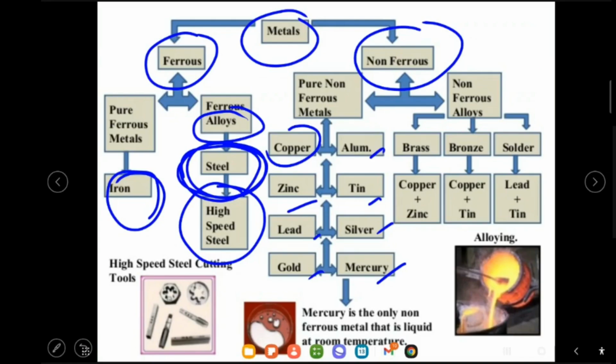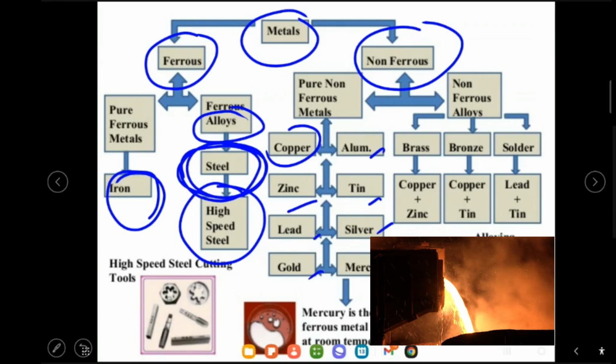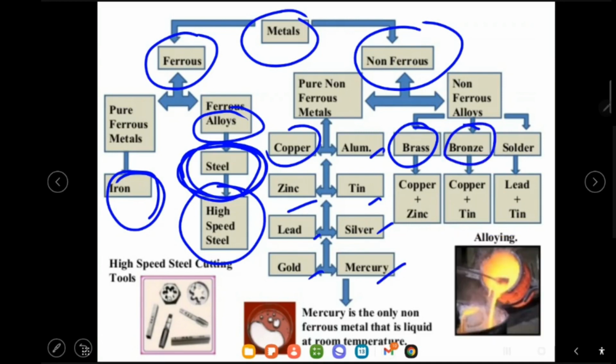Meanwhile, for the non-ferrous alloys, like what we mentioned earlier, alloys are combinations of two or more metals together. For example, brass is the combination of copper and zinc. Then we have bronze, which is the alloying of copper and tin together. And then we have solder, which is lead plus tin.